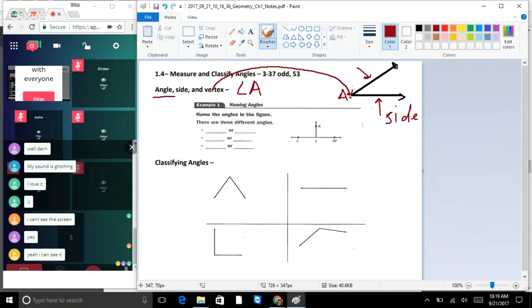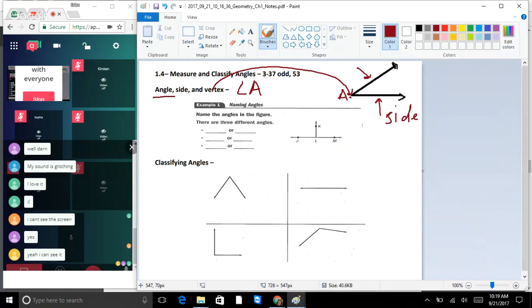So this is the vertex of an angle, and the vertex is simply where those two endpoints meet up. You'll also hear vertex if you're talking about a shape. The vertex is basically like a corner, like the corner of your square. It's like that word for angles. Okay, you've seen angles before, right?